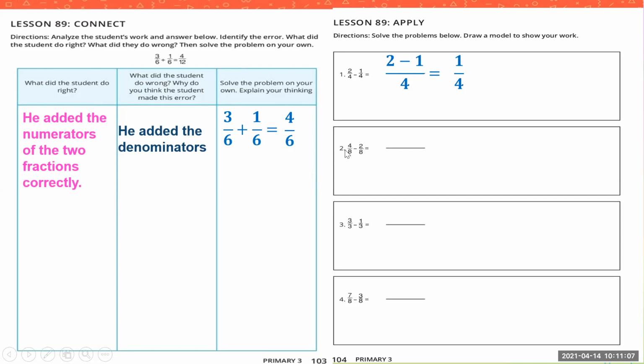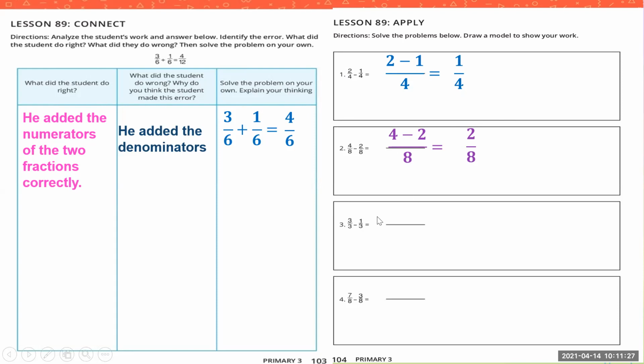Number 2, I have here 8 as denominators. So I will put 8 as it is. And 4 minus 2 equals 2. So the result will be 2 over 8.